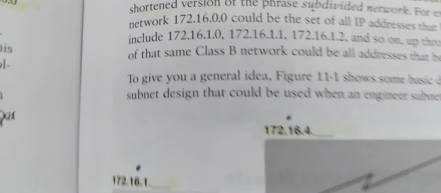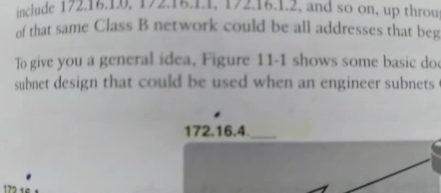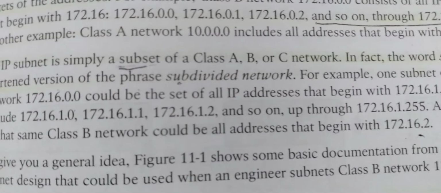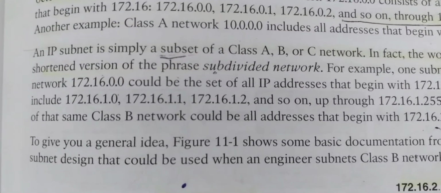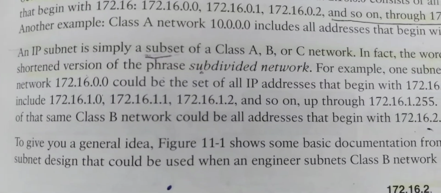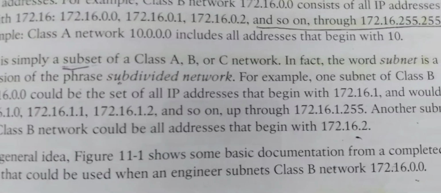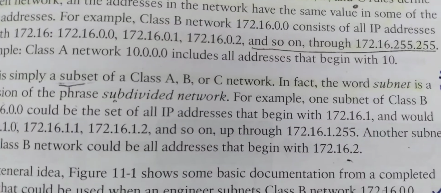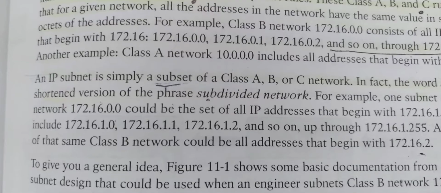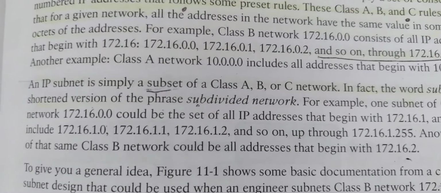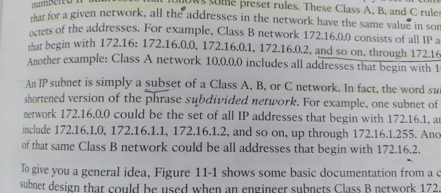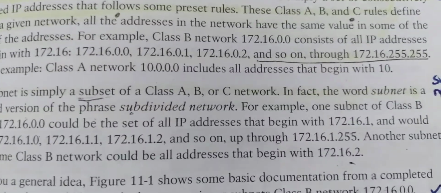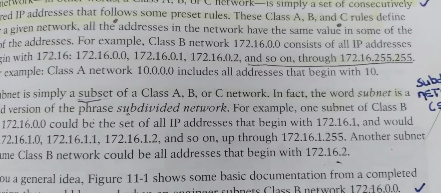For example, one subnet of Class B network 172.16.0.0 could be the set of all IP addresses that begin with 172.16.1 and would include 172.16.1.0, 172.16.1.1, 172.16.1.2, and so on, up through 172.16.1.255.